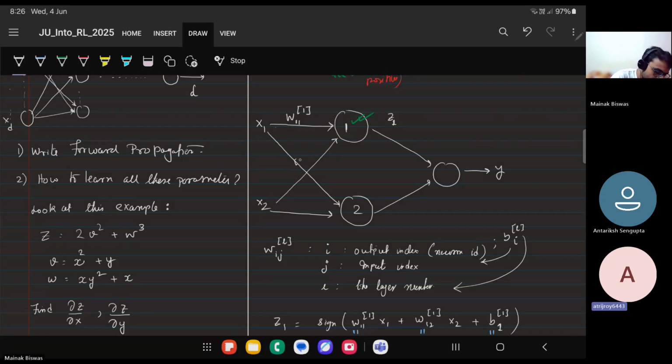Upper one will be W21, yes, because it goes to 2 from 1. And lower one will be W22, layer 1. Correct. Do you agree?